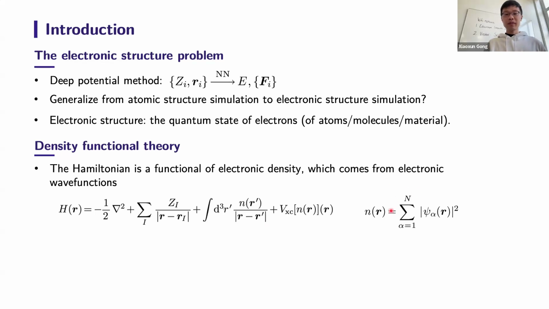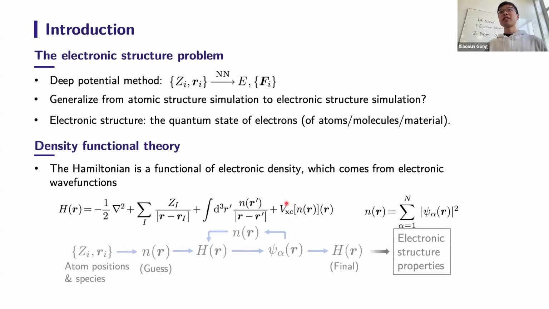The electron density comes from the wave functions. When we diagonalize the Hamiltonian to get the wave functions, we can use them to build the density, and then we substitute the density back into this formula for the Hamiltonian, and do self-consistent iterations. This is the typical workflow of a density functional theory calculation. We start from atomic positions and species, and then we guess the first density.